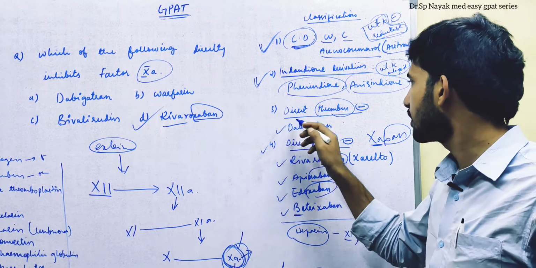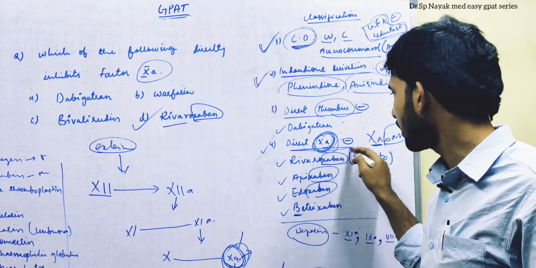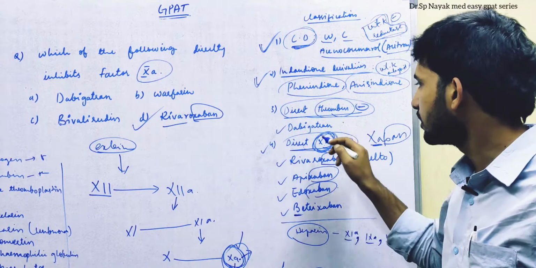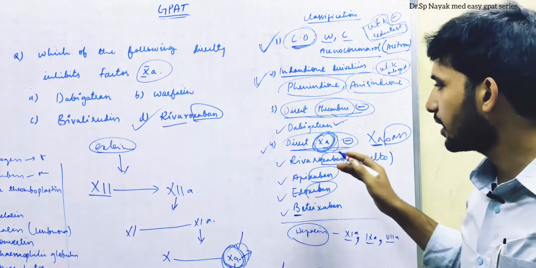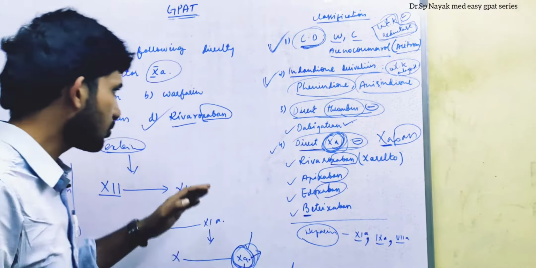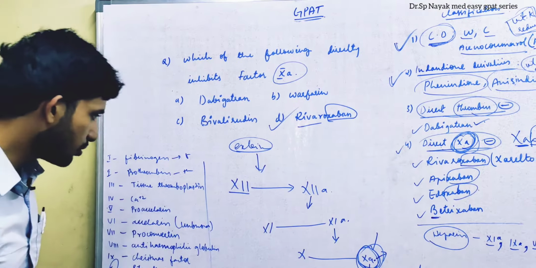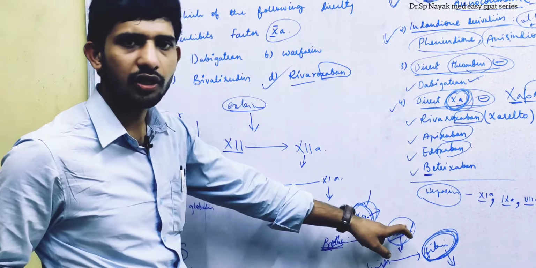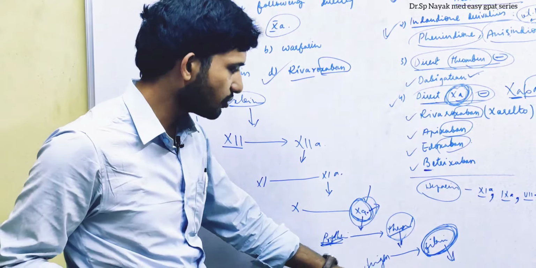We have discussed direct 10A inhibitors, and next are the direct thrombin inhibitors. Dabigatran is one of the drugs which directly inhibits the factor thrombin. Thrombin is a very important agent which converts fibrinogen into fibrin.